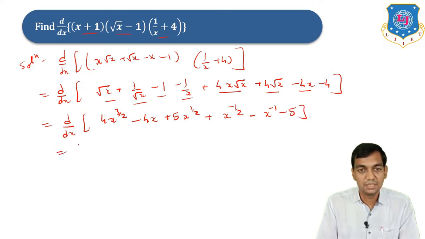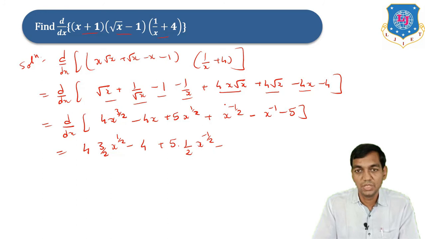So simplify and differentiate. So x raised to n has a derivative n into x raised to n minus 1. X has the derivative 1. Here x raised to n has a derivative n into x raised to n minus 1. In the same manner here n into x raised to n minus 1. Here we have minus minus plus x raised to minus 2, and 5 has a derivative 0, so this term is going to be minus 0.